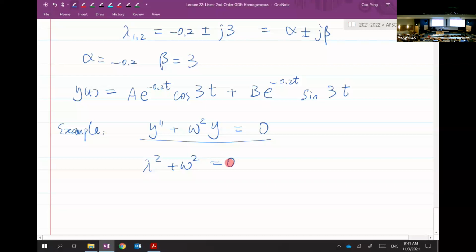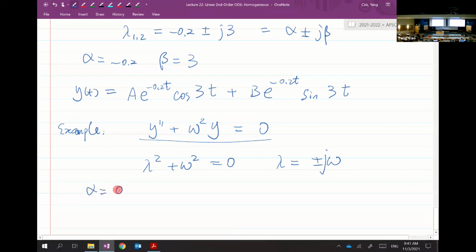So you can still follow exactly the same approach. Create the characteristic equation, lambda squared plus omega squared equal to 0. The solution for lambda is plus and minus j omega. It's complex conjugate roots. There's no real part.